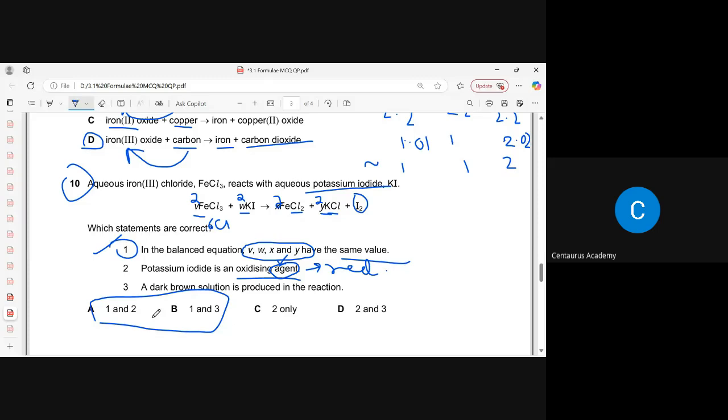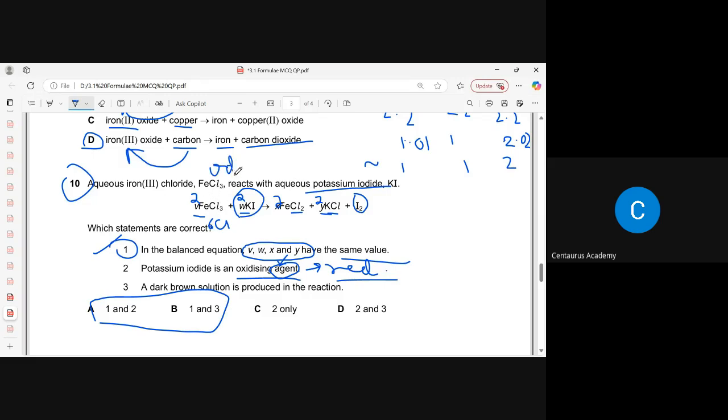Your answer will either be A or B. All right. Potassium iodide is an oxidizing agent. This means that it should be getting reduced. But potassium iodide is a reducing agent. It cannot be an oxidizing agent. The second thing is, if this needs to reduce, this means that FeCl3 should get oxidized.